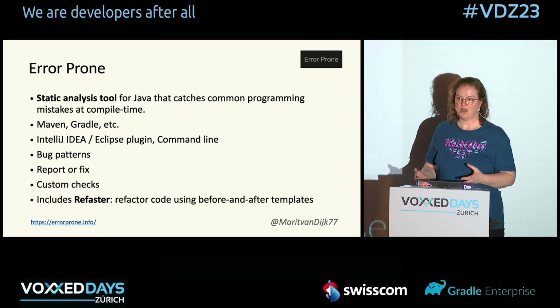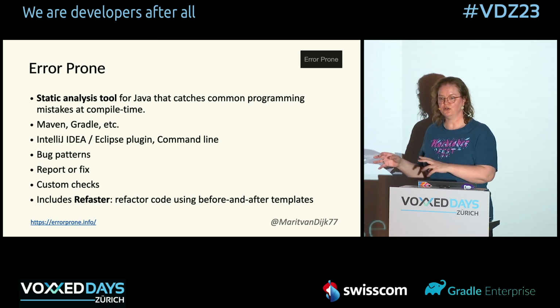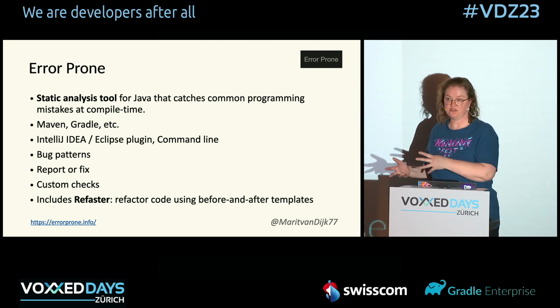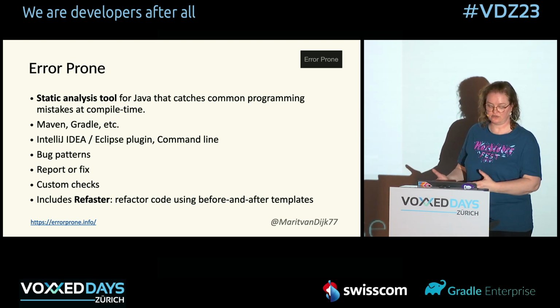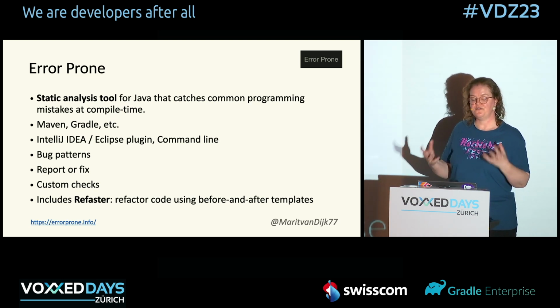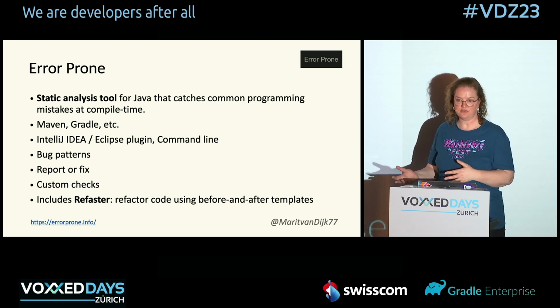They have, I think, over 250 bug patterns already defined that they can find in your code. And you can set it to either report on those patterns or to fix them for you. But you can also create custom checks, because it includes Refaster, which is a way to refactor code using before and after templates.